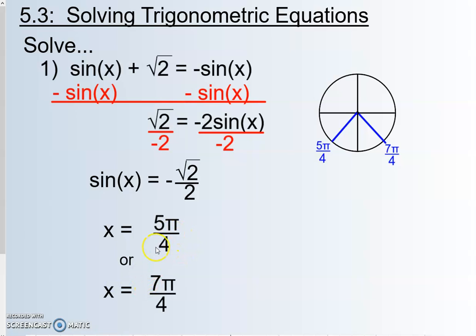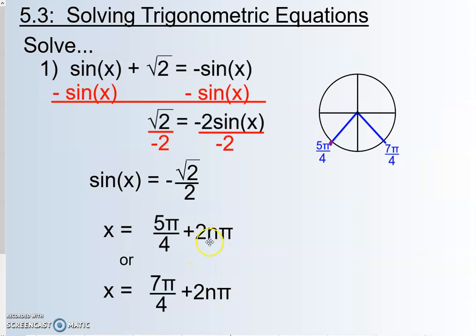However, we're not quite done with this, because remember that in the unit circle, this 5 pi over 4 works. It satisfies giving us a y value of negative radical 2 over 2, but you're allowed to rotate around the unit circle multiple times. And so to take into account all the different answers, I need to add 2 n pi to both expressions.